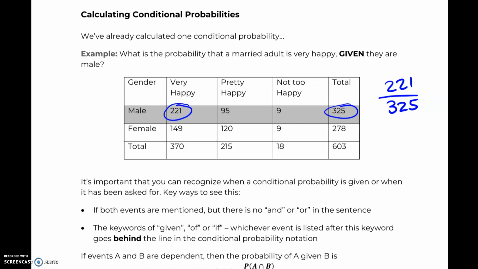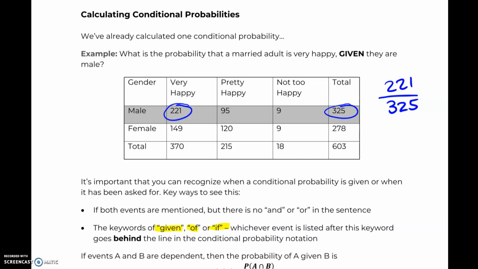The only probability where we adjust our total is conditional probability. Given that the person is male, what's the probability that they're very happy? Or of all the male people, what percentage or proportion is very happy? Or if a person is male, what's the probability that they're very happy? So again, our three keywords over here are "given," "of," and "if."